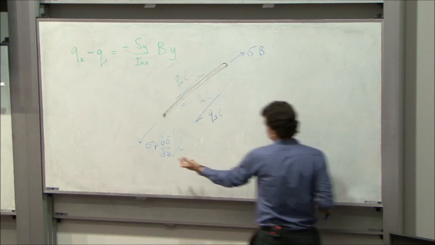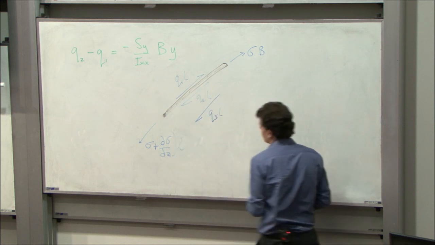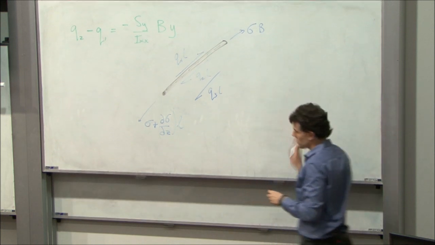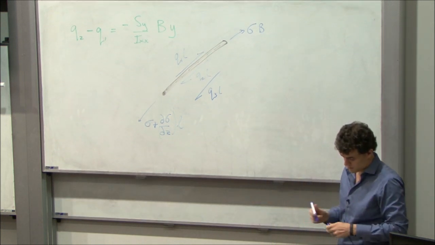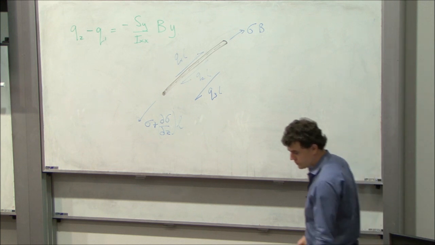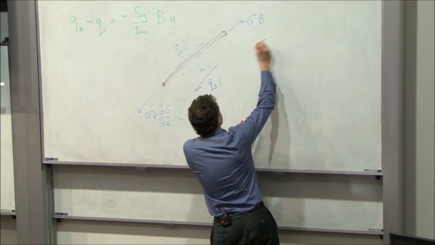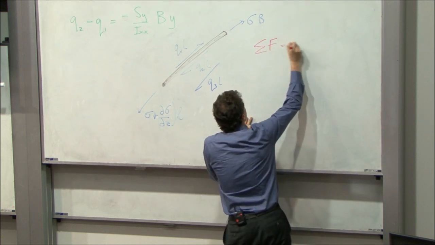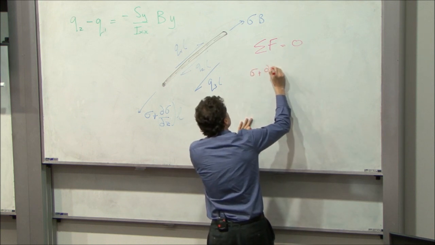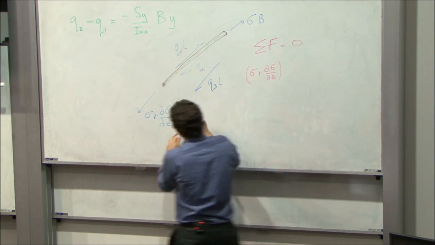So there's a change, a stress plus a change in stress as we've moved along times the distance that we've travelled. So sum of forces equals 0. We've got sigma plus d sigma dz. Sorry, I need a B in there as well.